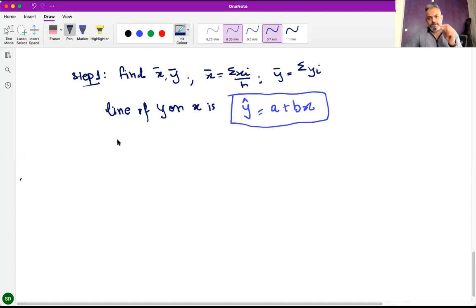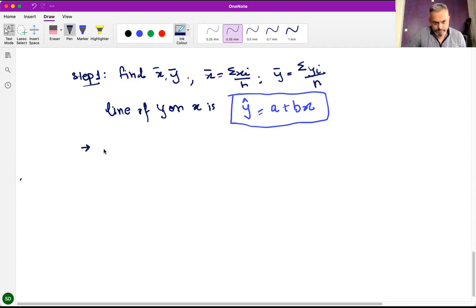Sorry, I forgot to mention y bar is sigma yi upon n. Now y cap is equal to a plus bx. Over here, first we have to find out b.